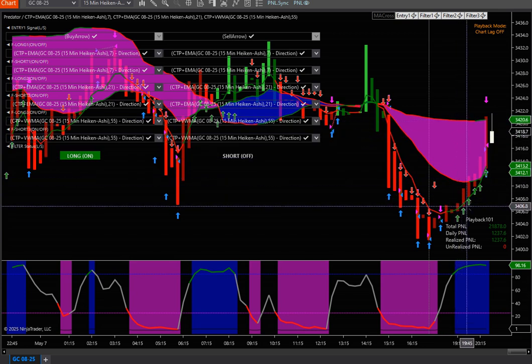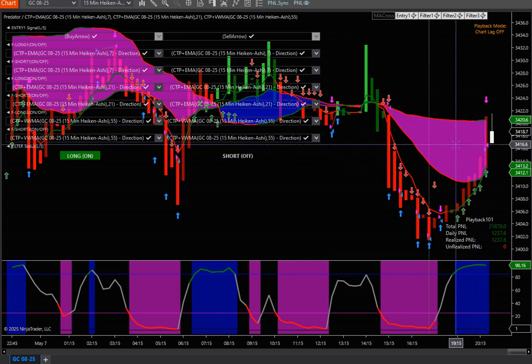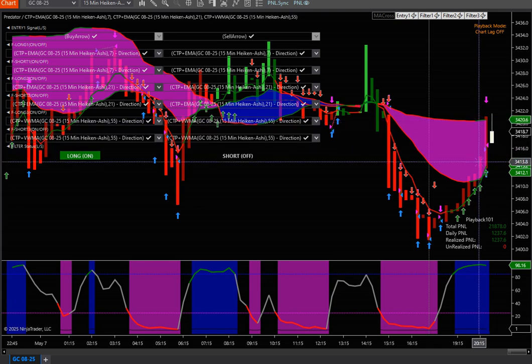This is why I got surprised when it took a trade right here, and I said, whoa, hold on, why did it take a trade even though I had this huge distance between the two EMAs? Because this line turned green while I had the signal at the same time. So that's why it took that trade right here.